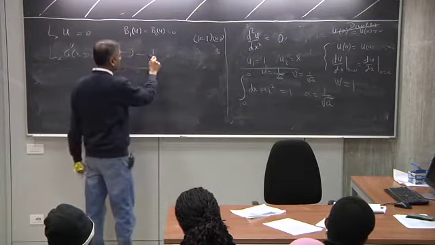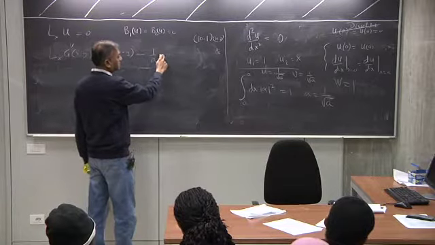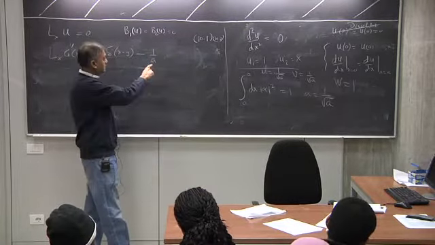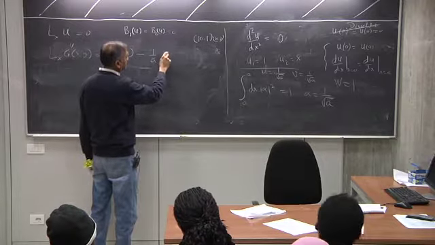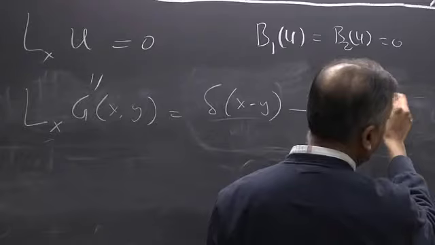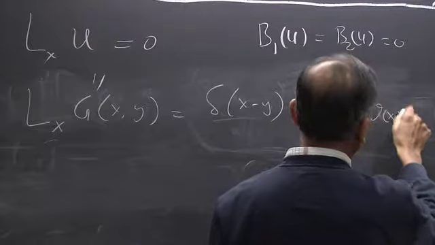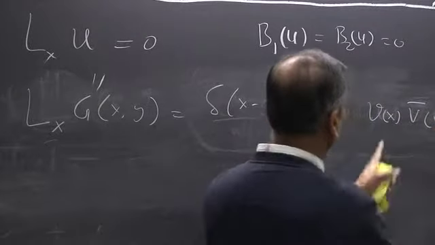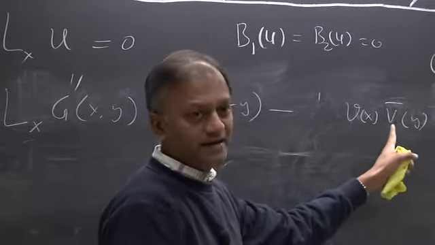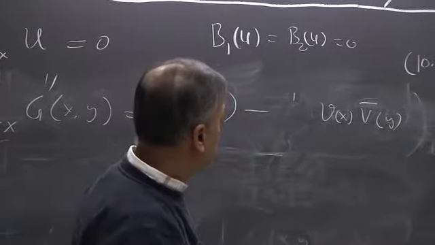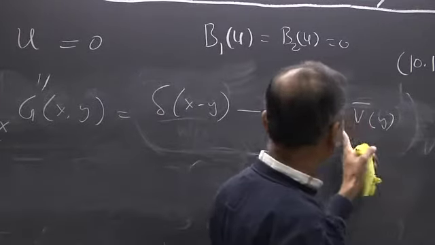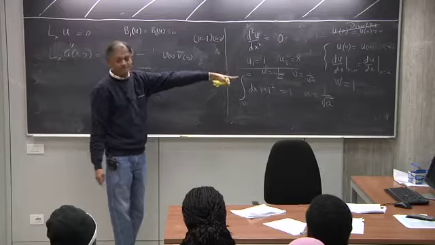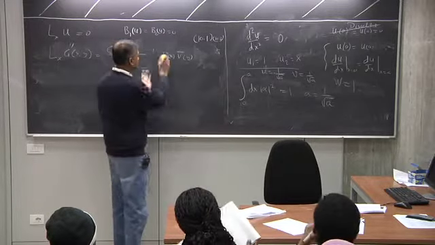So there is a 1 over A, because it is V bar times V. This will be V of x, V bar of y. There is only one 0 mode, so I don't need to put an index i. These are constants, so they do not depend on x and y, and it is simply 1 over root A, 1 over root A. So this is simply 1 over A.